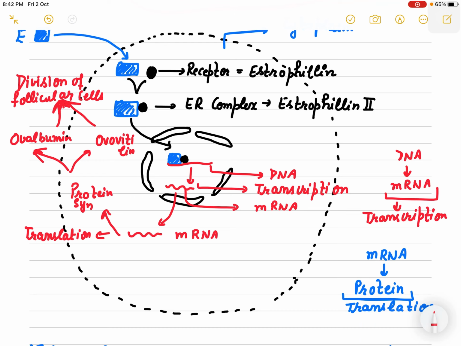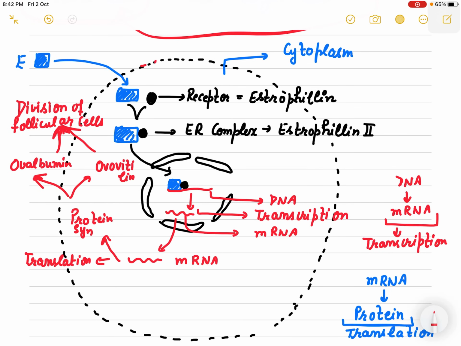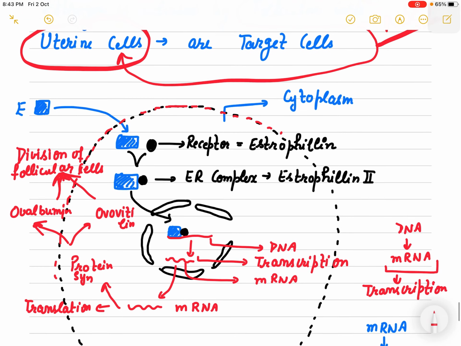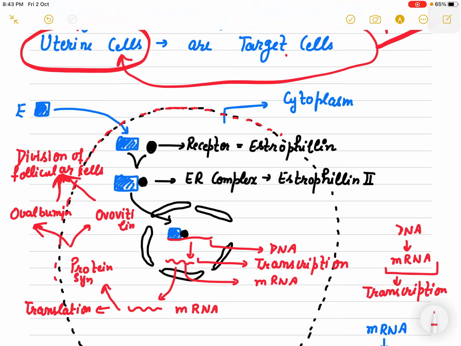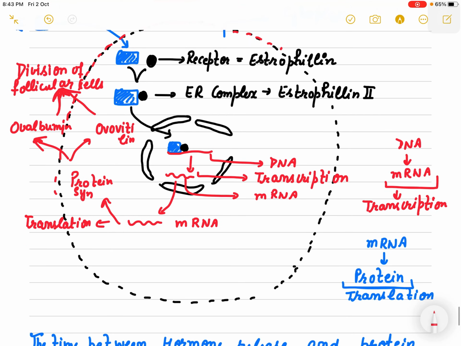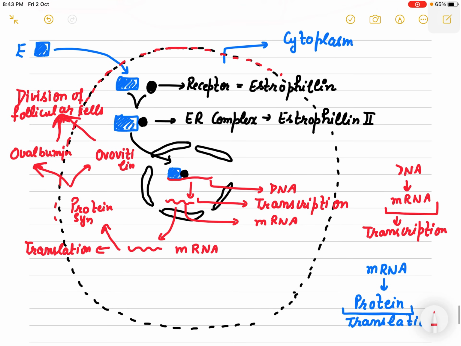So here as you can see, this is our large cell, that is, we have the target organ we have made here. Now this is our uterine cell, which basically is the target cell for our estrogen, right. Now the estrogen is released.